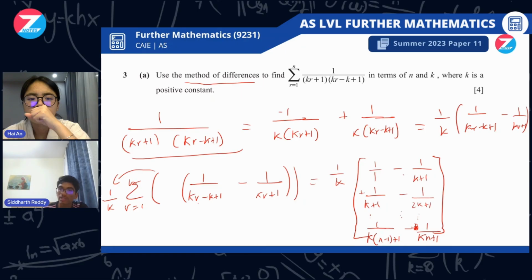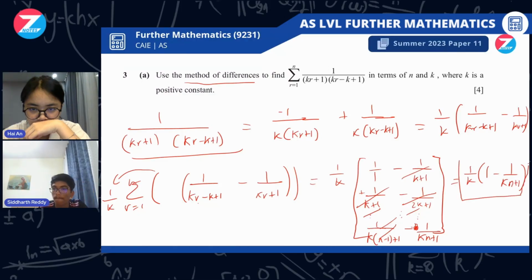Now what we notice here is that this and this cancel, and this term will cancel the term for r is equal to 3, and it keeps on cancelling until we're left with 1 by k into 1 minus 1 by kn plus 1. So that's our final answer. I'll leave it like that.